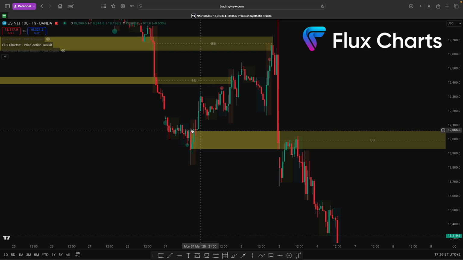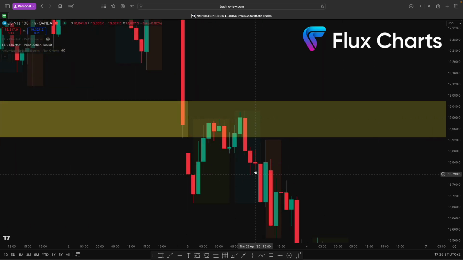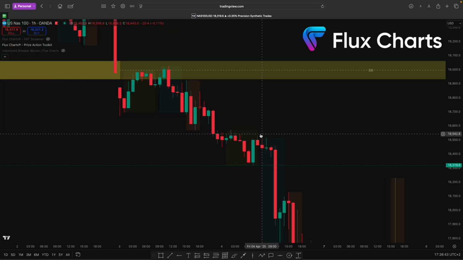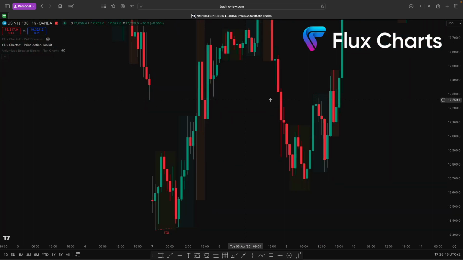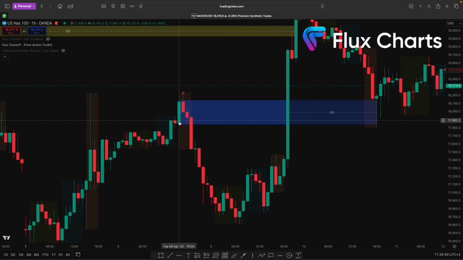Same right over here. Order block was created in this New York session right over here. Didn't respect it. And on the next day, during Asia and London, it respected this breaker block and we moved all the way down. When you look at this one here, during New York session, this order block was created.